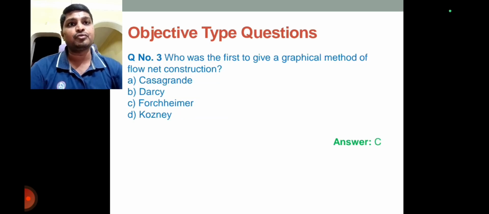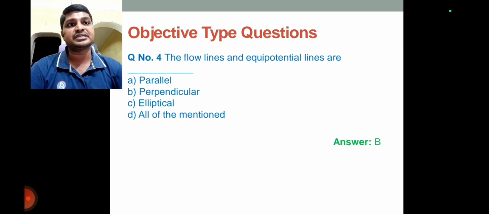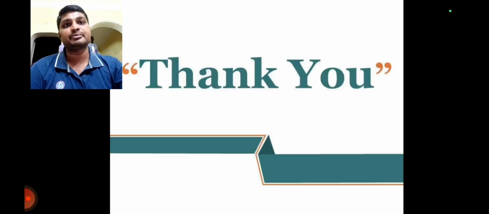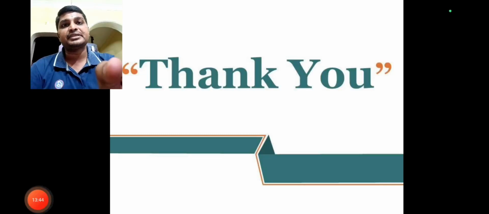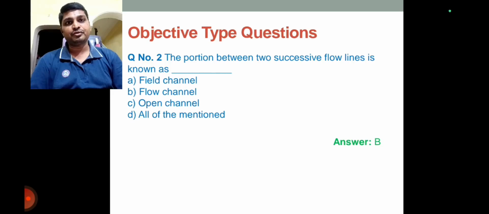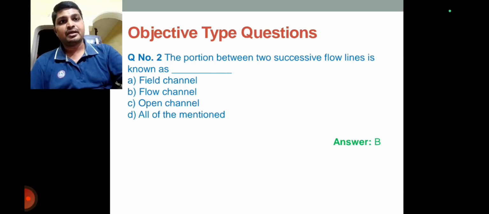Then, who was the first to give a graphical method of flow net construction? That is Forchheimer. And one more: the flow lines and equipotential lines are perpendicular to each other. Like this, a number of questions will come in competitive exams. So the portion between two successive flow lines is called a flow channel.